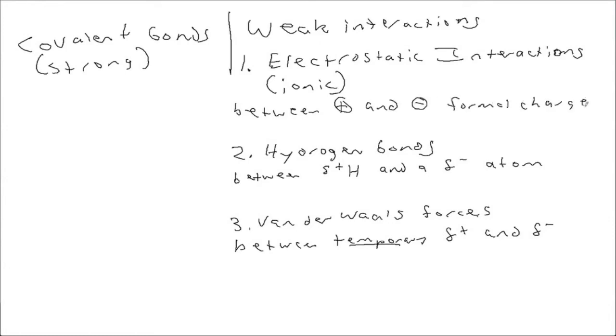Electrostatic interactions. Can you think of any reason why the electrostatic interactions would be stronger? Because they use actual charges instead of delta charges. Good. Or they use full charges rather than delta charges. Delta just means a partial charge. Well, a full charge is going to have a bigger effect than a partial charge.